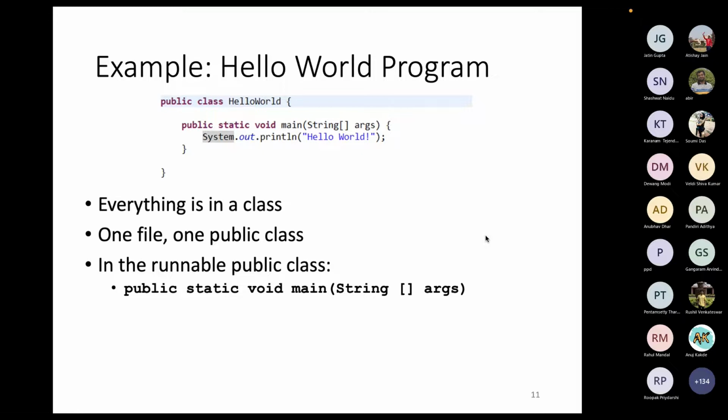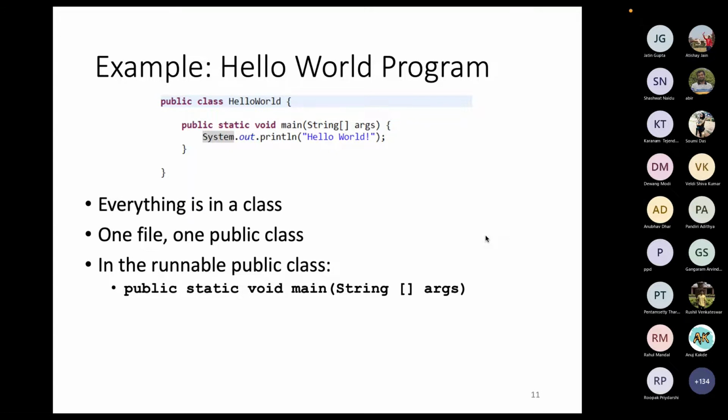In Java the whole program is within a class. This is the basic idea of a Java program. In any Java program there can be multiple classes, but the whole Java program is within a class.